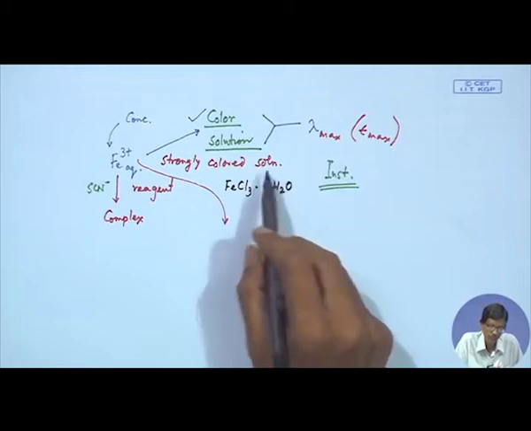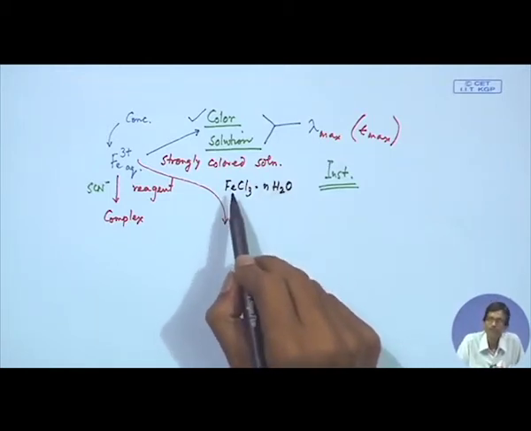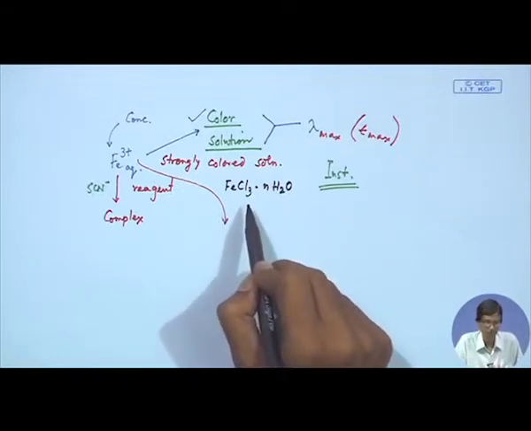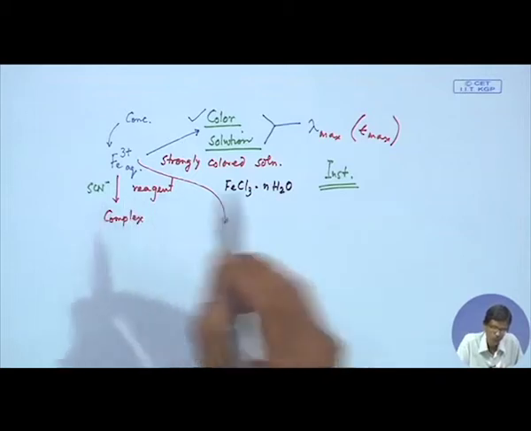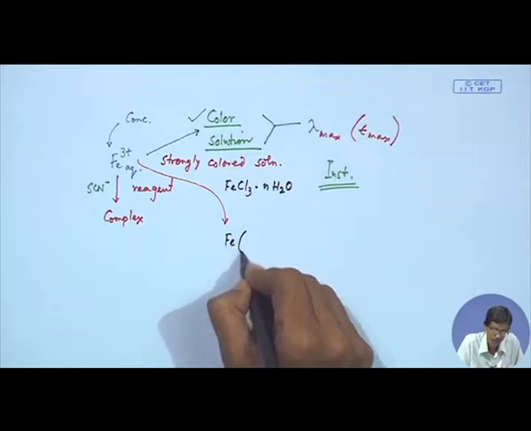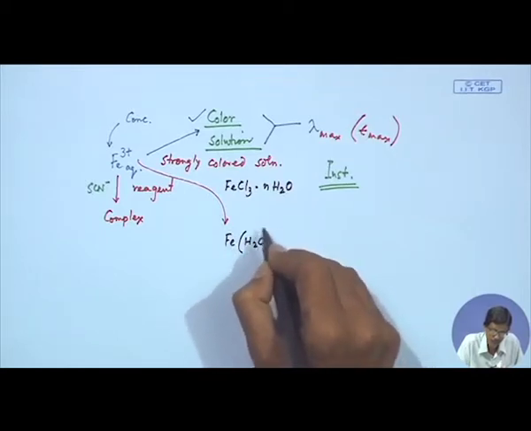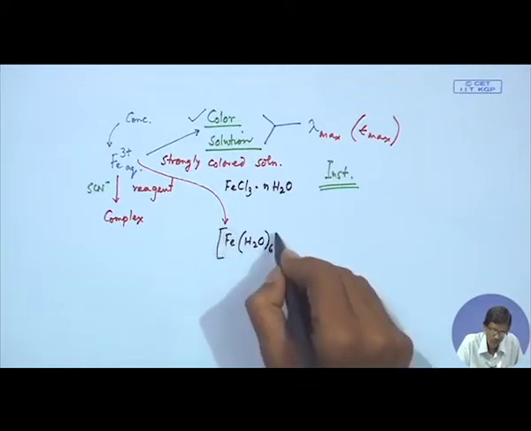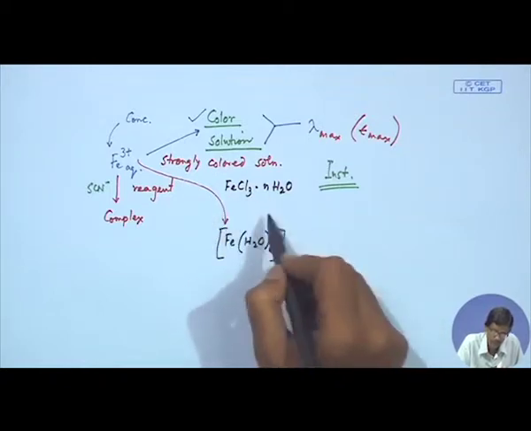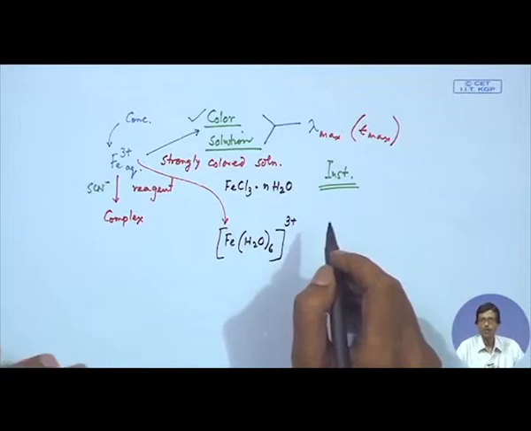But when you quantify how much iron we are dissolving by weighing the ferric chloride in a solution slightly acidic with hydrochloric acid, the Fe3 plus forming is not a simple Fe3 plus, but the hexa-aqua species. The complex coming directly from the dissolution of ferric chloride is the hexa-aqua Fe3 ion.